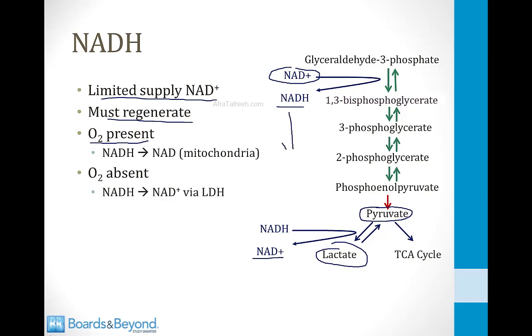The NADH can go to the mitochondria and engage in oxidative phosphorylation. That will generate lots of ATP and it will regenerate the NAD. However, if O2 is not present, then the TCA cycle and oxidative phosphorylation are not available. In this case, the conversion of pyruvate to lactate is very important for regenerating the NAD molecules that the cell needs in order to keep conducting glycolysis.